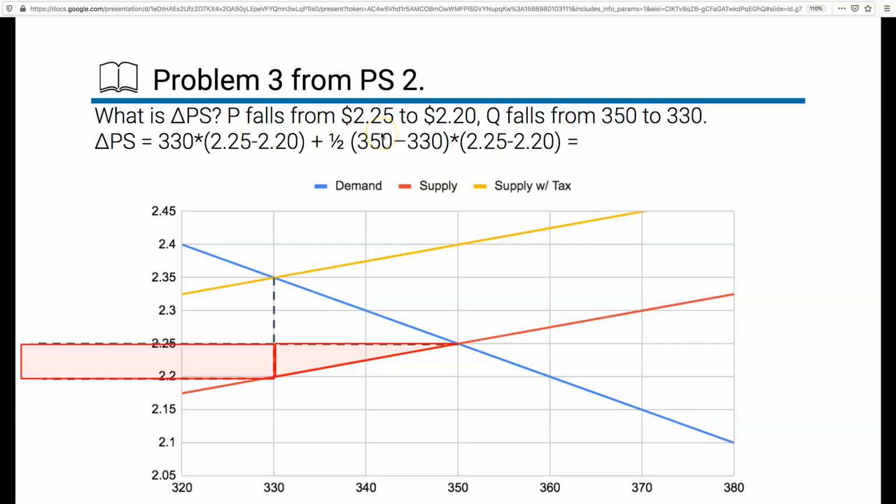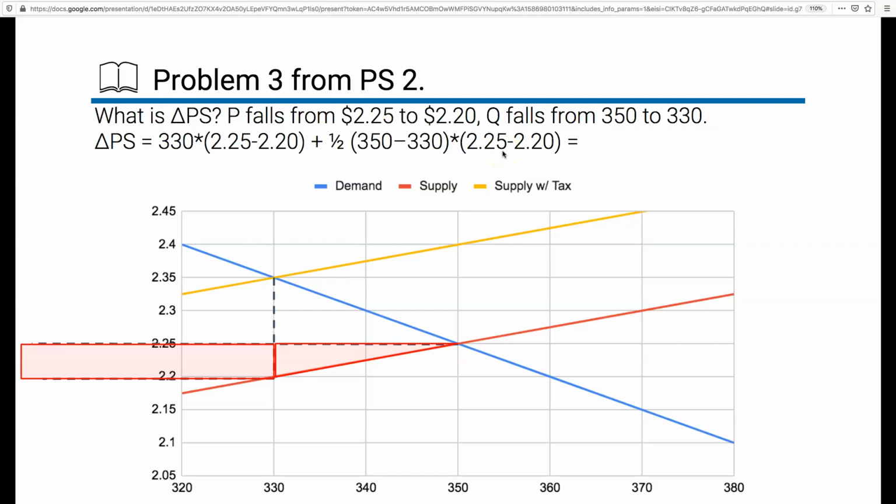As for the triangle, I'm going to use the fact that it's a right triangle, so I'm going to take half the product of its two sides, and the vertical side is, as usual, 5 cents, the reduction in price for the producers, whereas the horizontal side is the difference between pre-tax equilibrium output and the after-tax equilibrium output. So it's 350 minus 330. So area of the rectangle, area of the triangle.